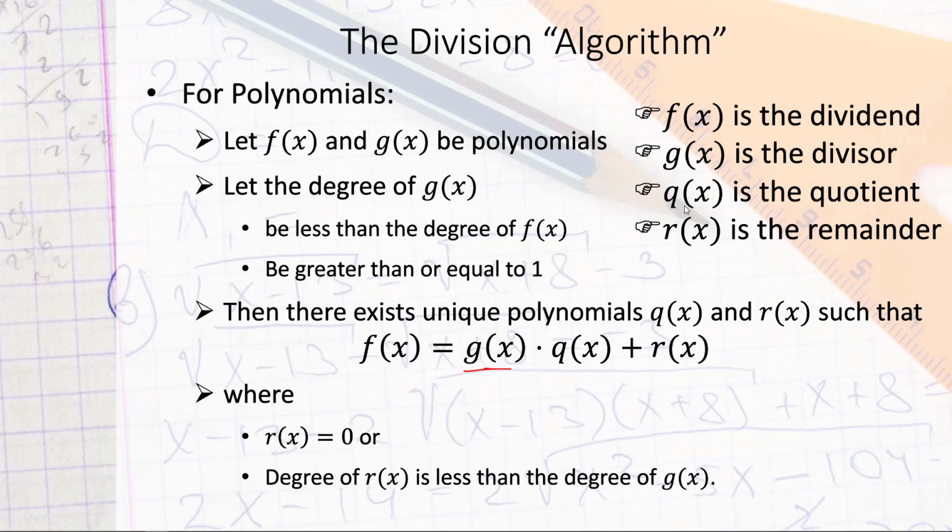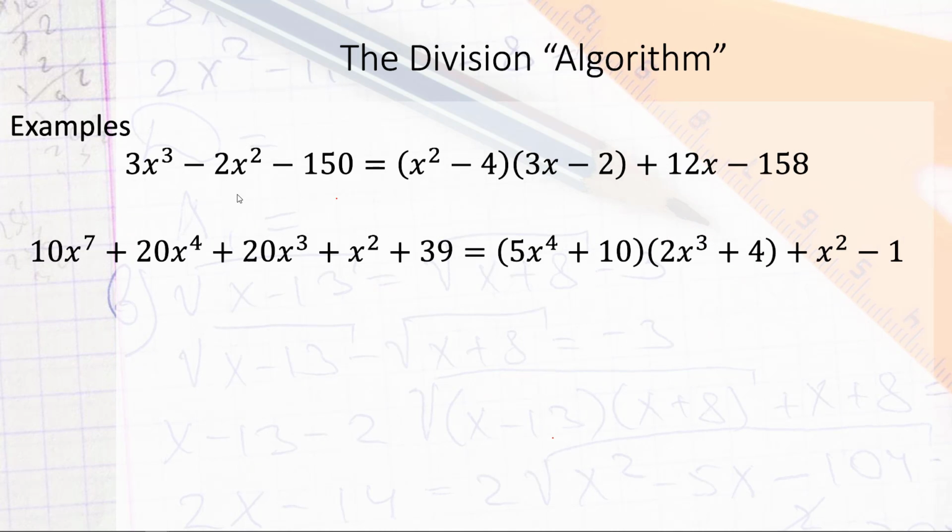For a couple of examples, check this out. Here we have f of x. Here is g of x. Here is our quotient. And then here is our remainder. Okay, the division. Here we have our remainder. The degree of our remainder is less than the degree of g of x, so that works out just fine. Once again, we have f, we have g, we have q, and we have r.